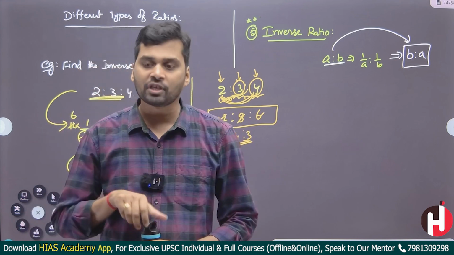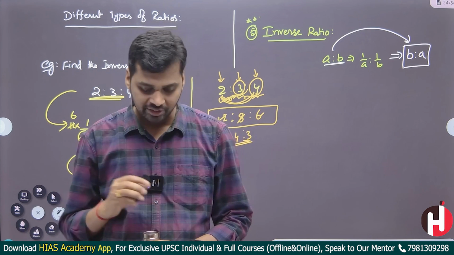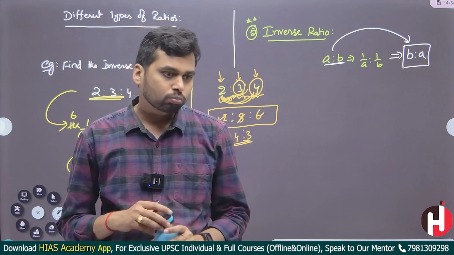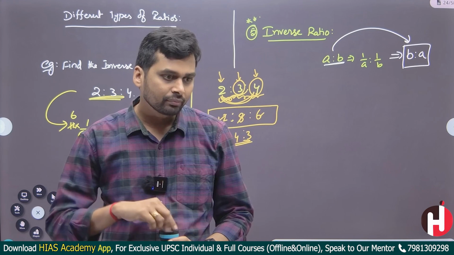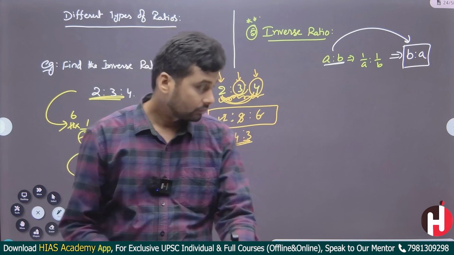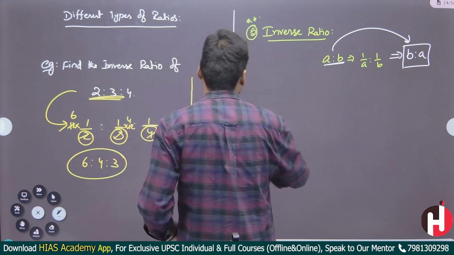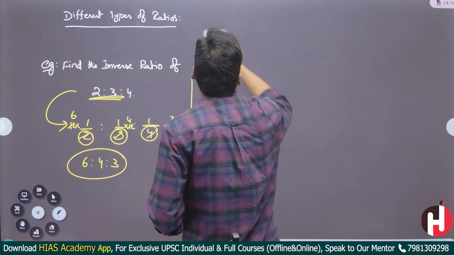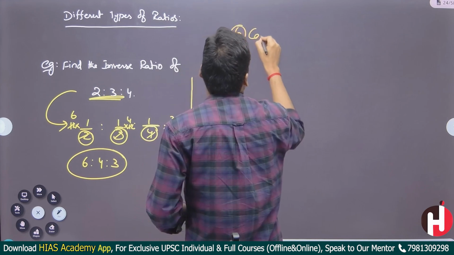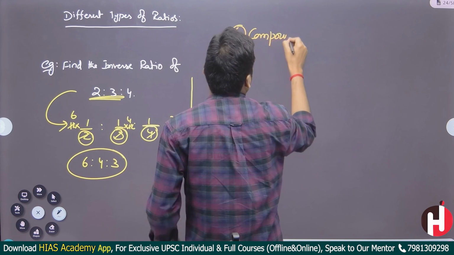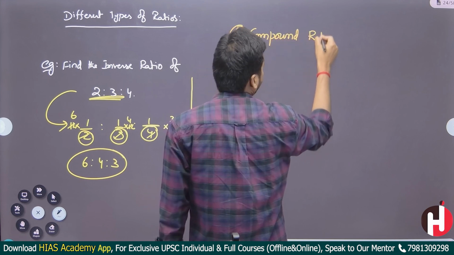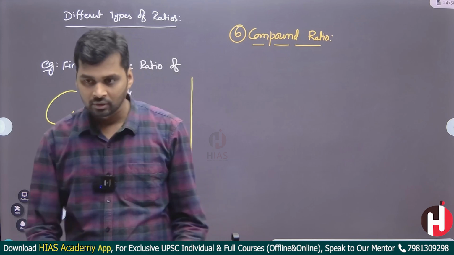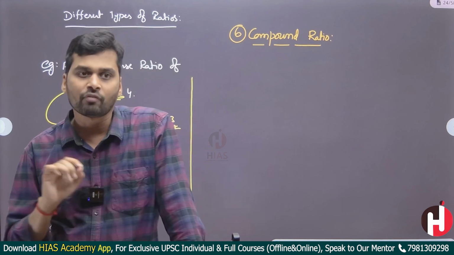Next, compound ratio. The next type of ratio is compound ratio. In simple words, compound ratio is nothing but the product of all the given ratios.